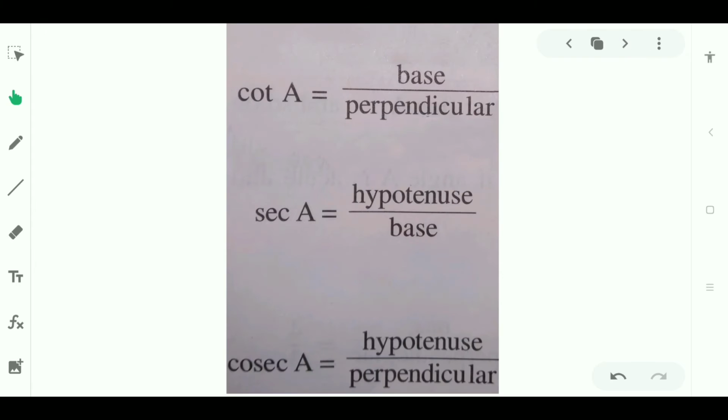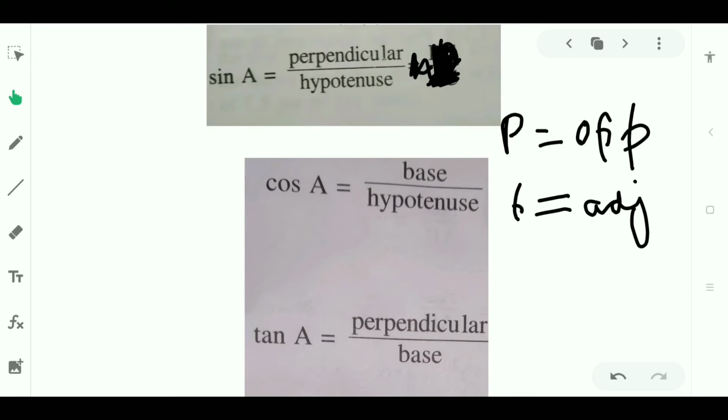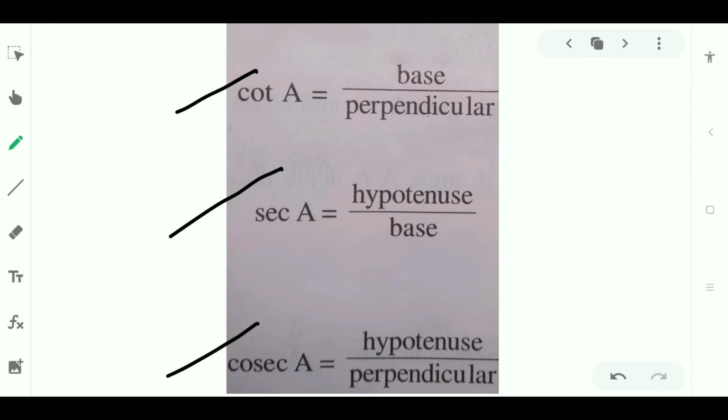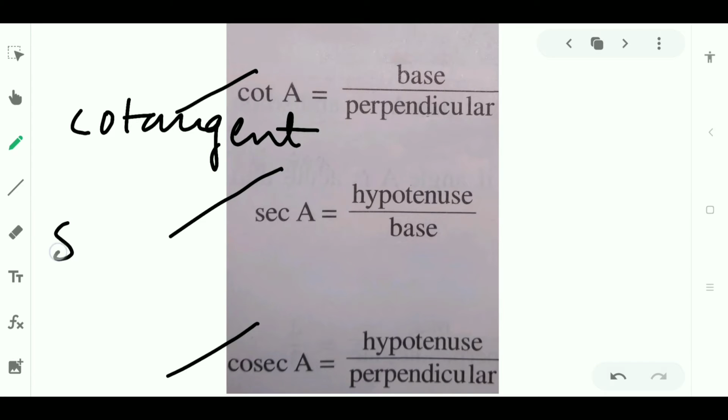Now you can think, what about the other trigonometrical ratios? Cotangent, secant and cosecant. This is actually sine, this is cosine, tan is tangent, this is cotangent, this is secant, and this is cosecant.